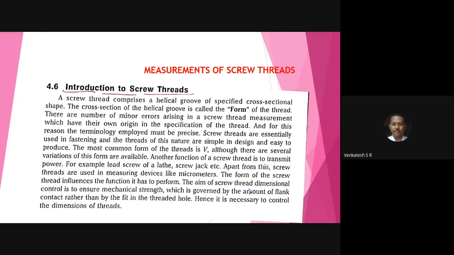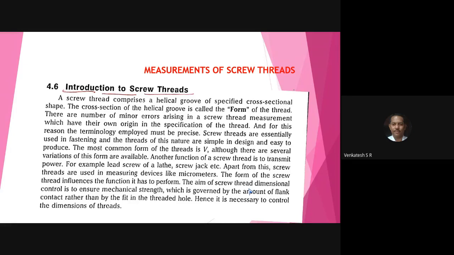Like that, you have a lot of threads available. In actual practice, we use V thread and square thread. So in all the bolts and nuts, we have V thread.